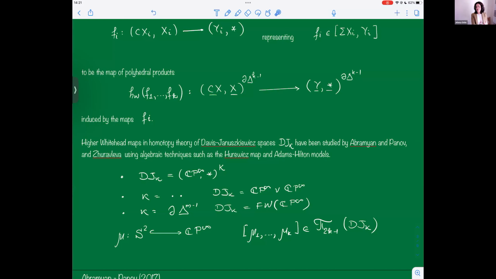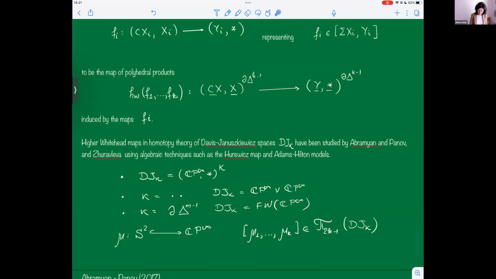And if you recognize these two disjoint points as the boundary of one simplex, then you can generalize this construction by looking at the boundary of an arbitrary simplex, let's say of dimension m-1, in which case we have m vertices, and the Davis-Januszkiewicz space corresponding to the boundary of a simplex would then just be a fat wedge on m copies of CP infinity.